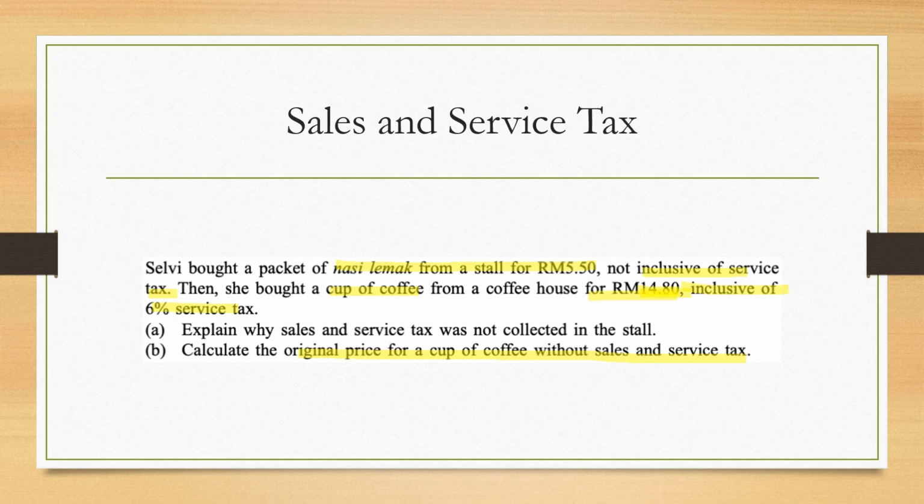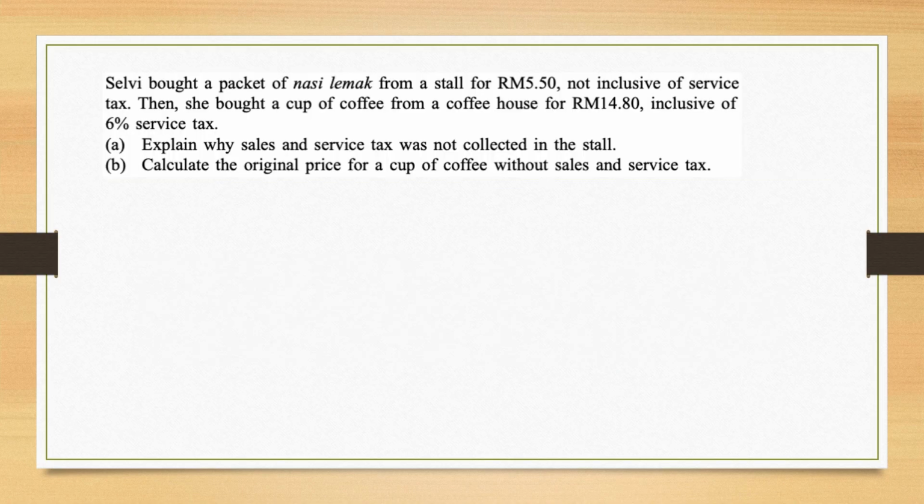This one is already after the service tax, inclusive of 6%, so this is actually the final figure. The question is asking you for the original price of a cup of coffee without sales and service tax, so exclusive, right? So first things first, going on. For this question on sales and service tax, the nasi lemak has nothing to do with it, so we actually ignore the nasi lemak, right?